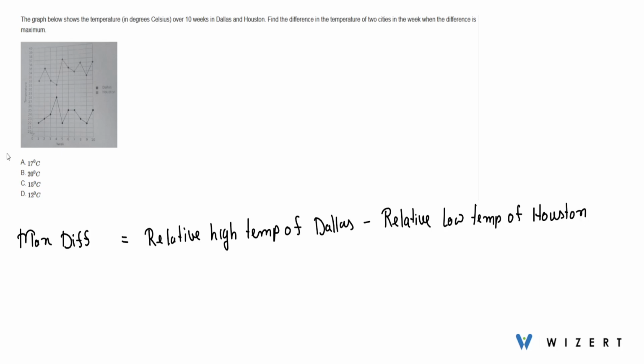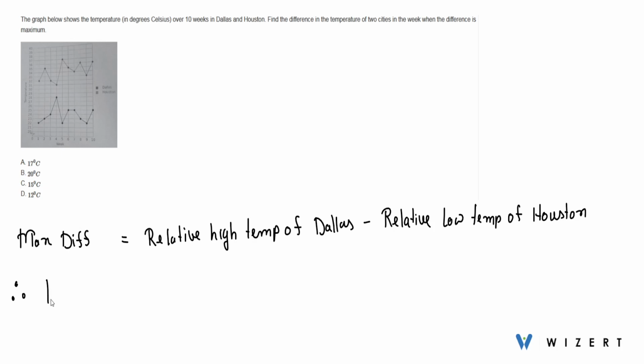Now, if we observe the graph carefully, then we might see that in week number 5, the temperature of Houston is at its all-time low, that is its 10-week low, which is at 22 degrees centigrade. So let's write it over here.